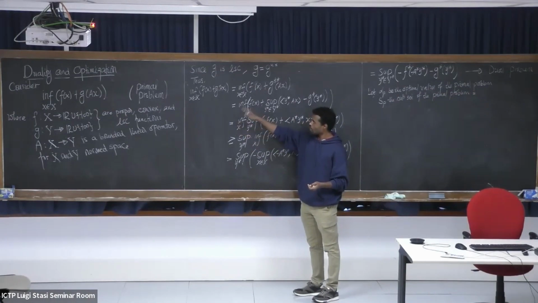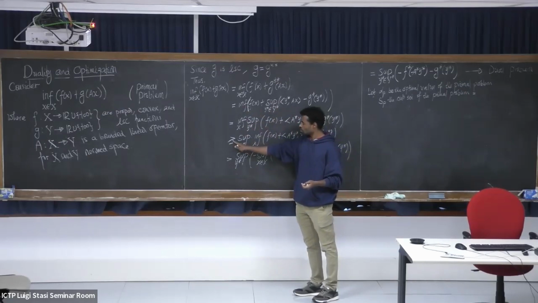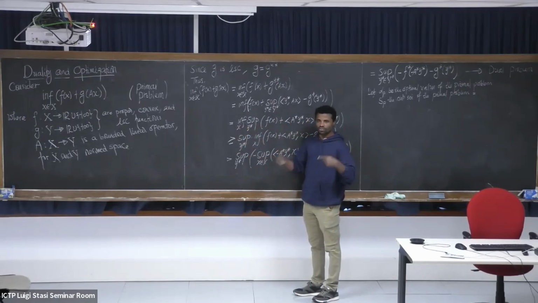So the equality of the primal and the dual problem depends on whether sup inf and inf sup are equal. This is kind of a minimax problem.